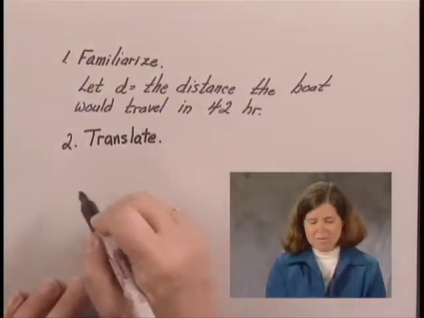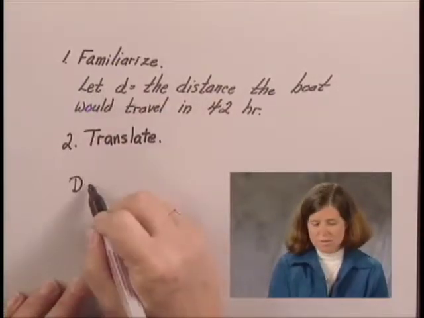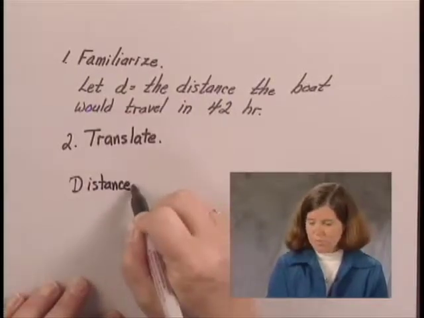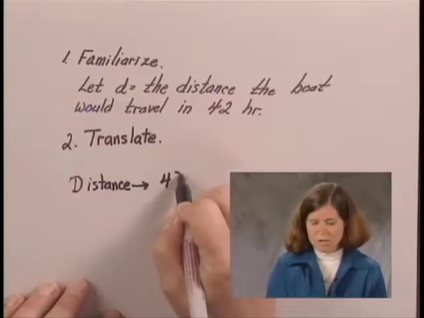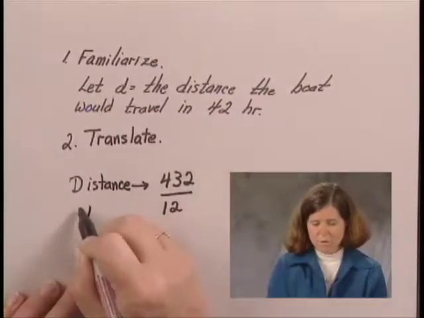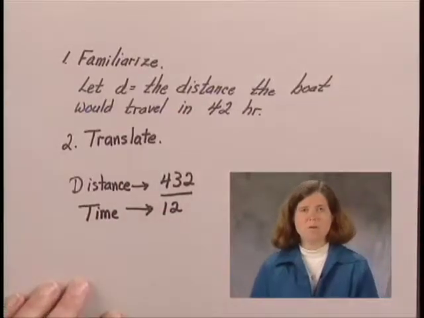For example, we are given the distance that the boat travels in 12 hours. So I can write the ratio 432 to 12, where distance is in the numerator and time is in the denominator.